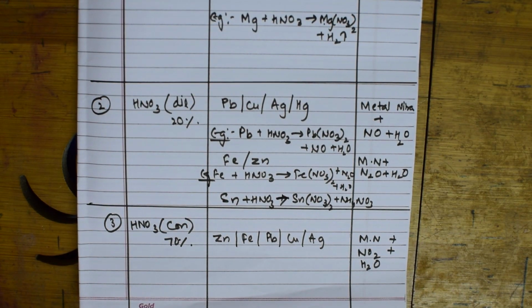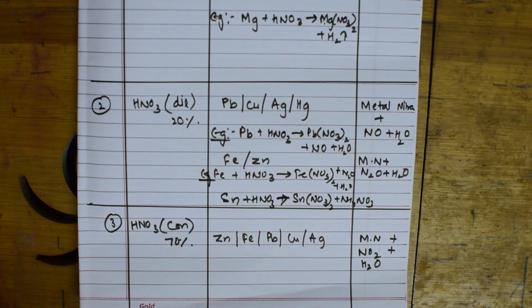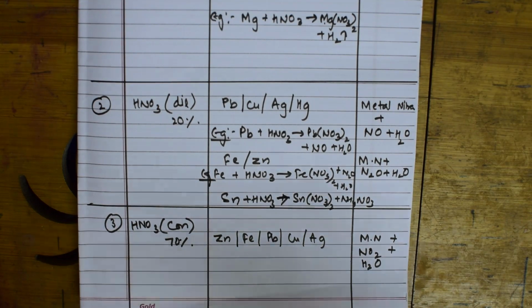Right, students? So remember one thing: there are certain reactions where nitric acid releases hydrogen gas also. Those reactions also I'll be showing, like manganese, like copper, which further get converted to water. We'll be seeing that very soon.